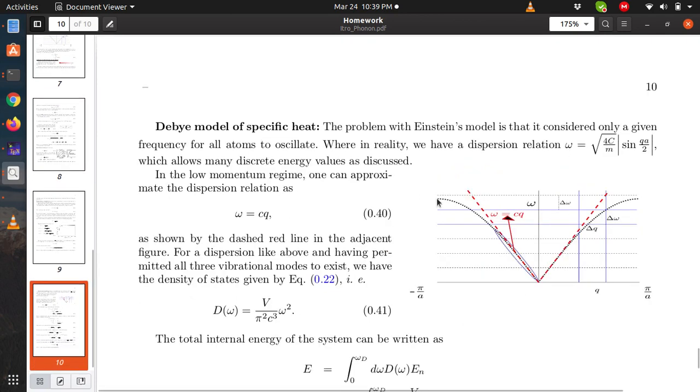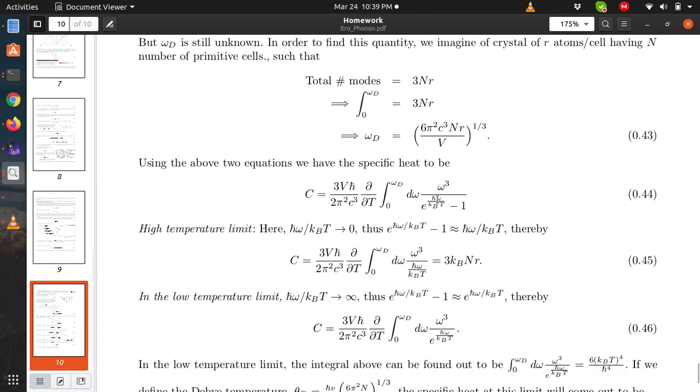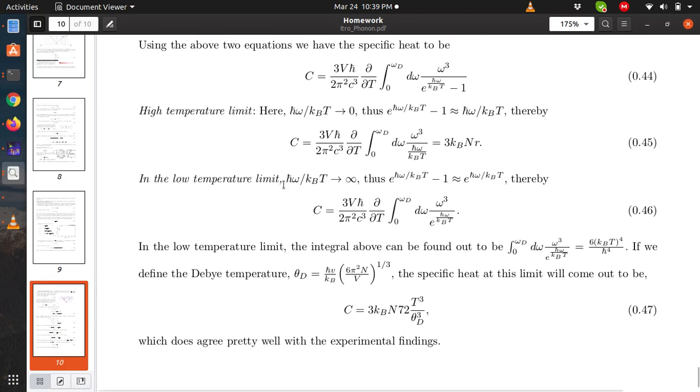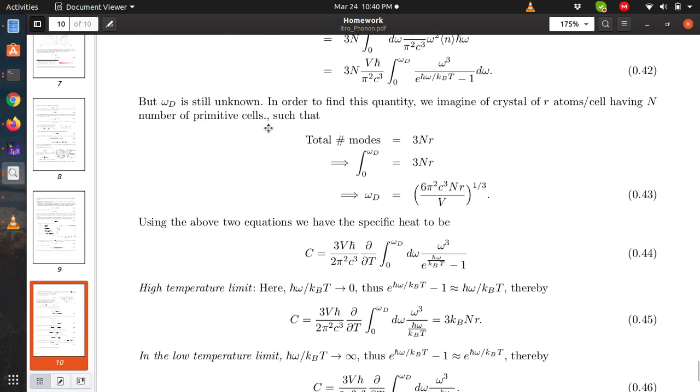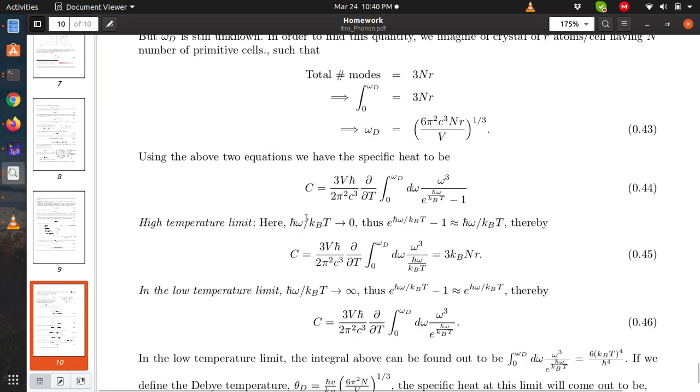Now let's go back here. Let's see whether by using this Debye model of specific heat we can reproduce what is being observed experimentally.